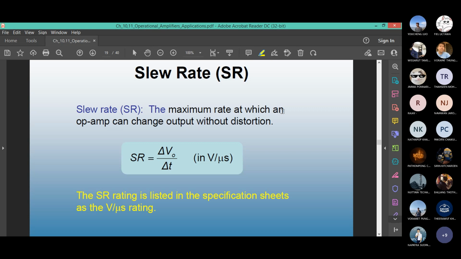It is typically listed on the spec sheet in volts per microsecond. If you try to change the output at a higher rate, what is going to happen? It cannot keep up. Unfortunately, it cannot keep up, so the signal will be distorted.